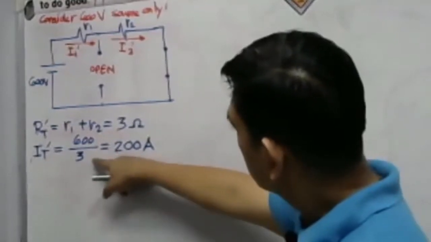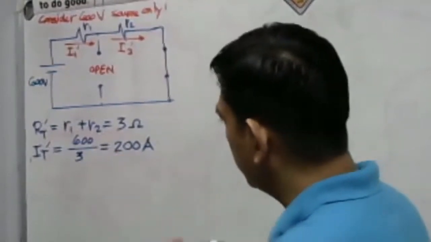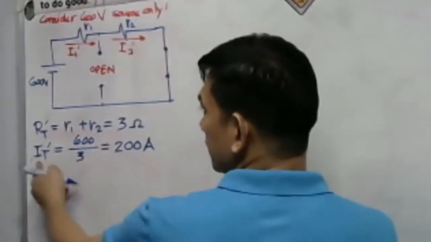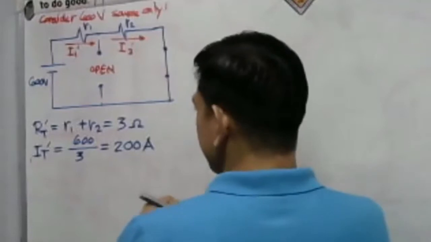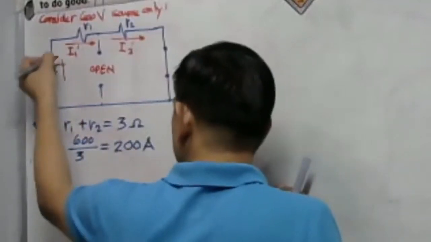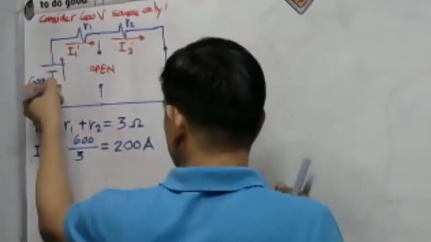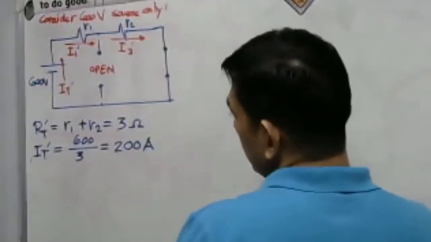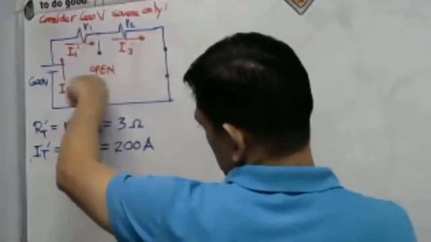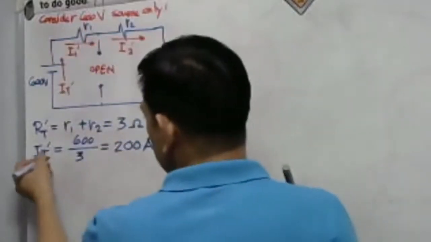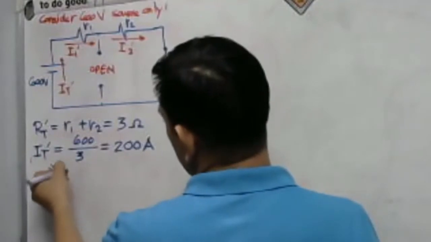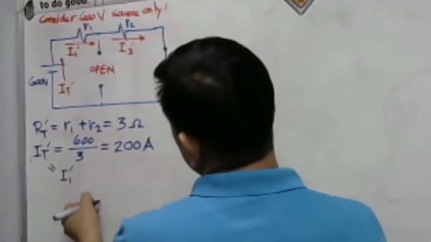Now, we only have two currents. The I total double prime, take a look guys, is the current that will be coming only from the 600 volt source. So this is our I total prime. So there will only be one current flowing here. And that is equal to I total prime, simply equal to I1 prime, okay?